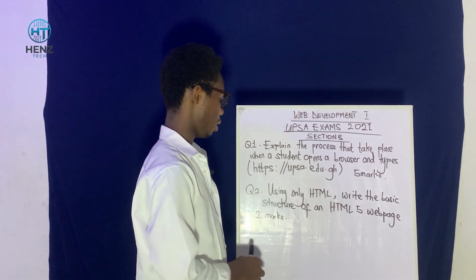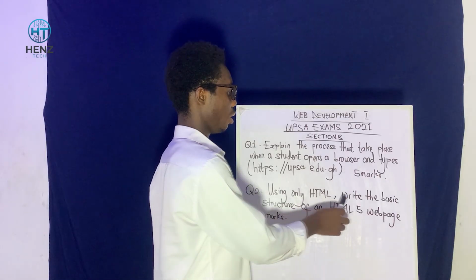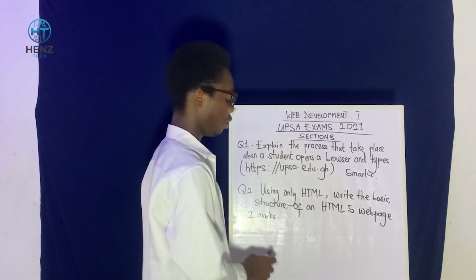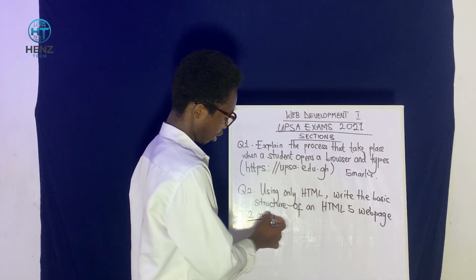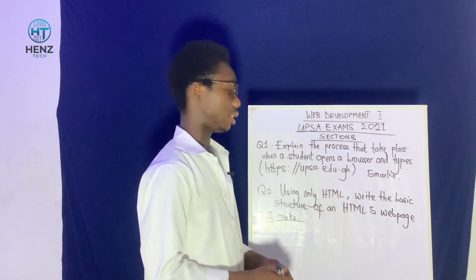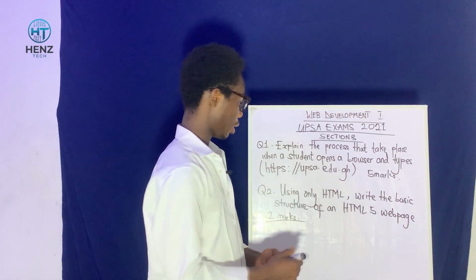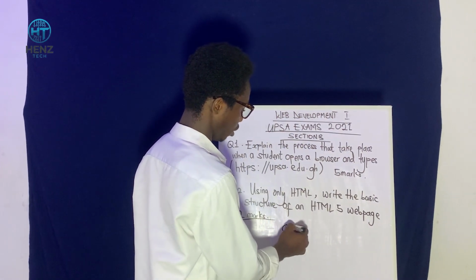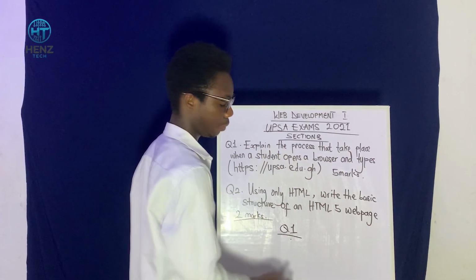Also, question 2 says, using only HTML, write the basic structure of an HTML5 web page for only 2 marks. So, we are going to start by solving question 1.